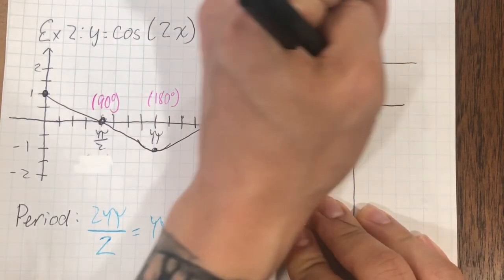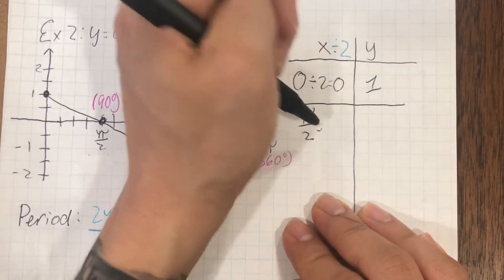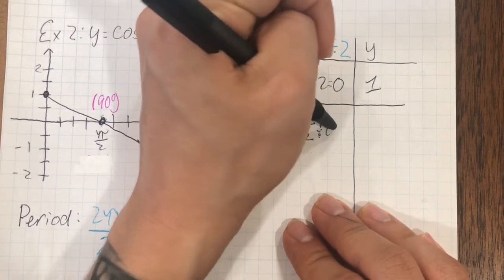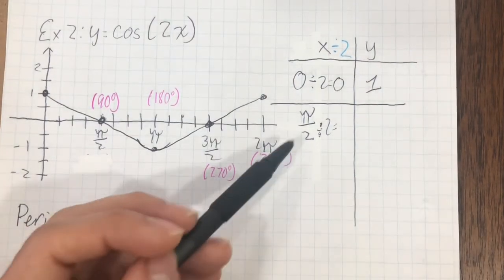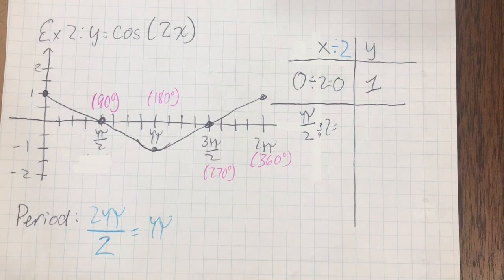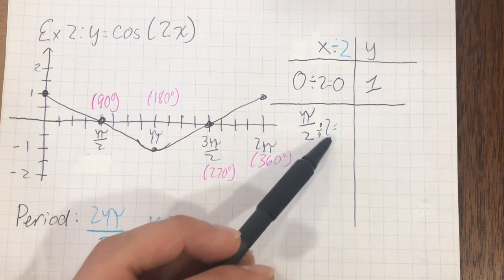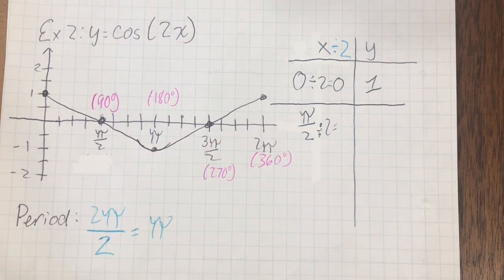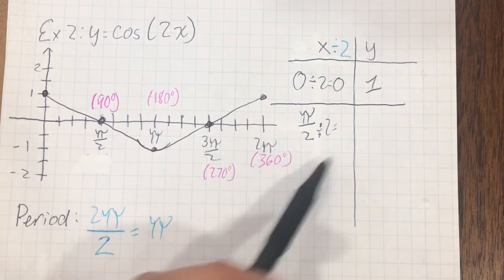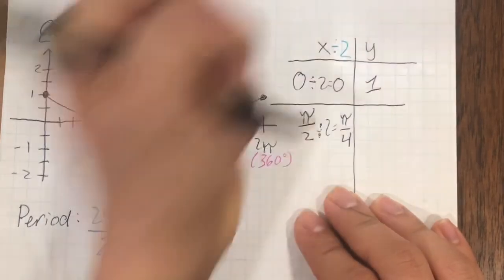And then we have pi over 2 divided by 2. Now, if I'm dividing a fraction by a whole number or by another fraction, we do the keep, change, flip technique. We keep the same fraction, we change it to a multiplication, and we flip this number into 1/2. So that means that if I were to do this operation, I would end up with pi over 4.